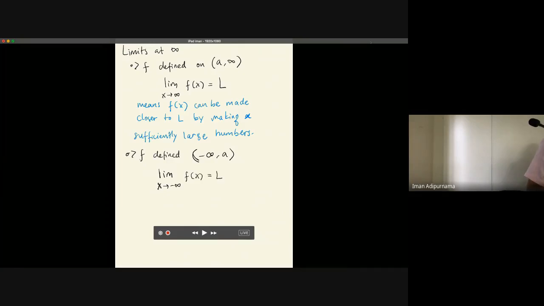This is also L. Same words, but a sufficiently large number in negative numbers, large in negative numbers. So you have the line y equal L. For example, you have a graph like that, and you have a line here. So this red line is your horizontal asymptote.